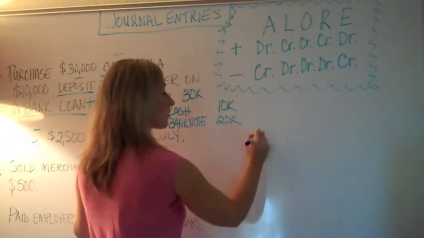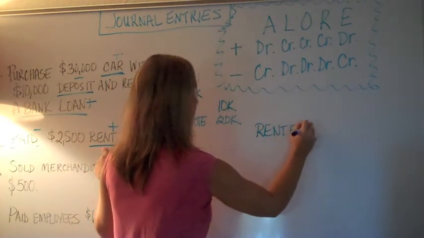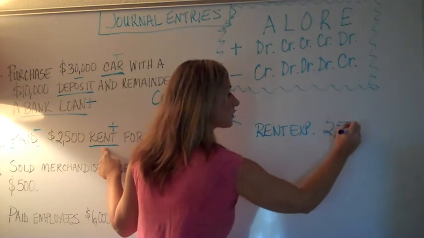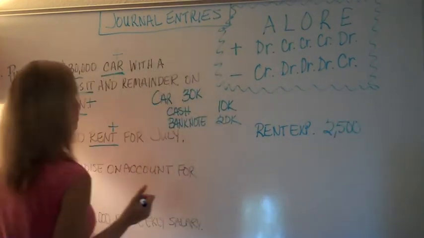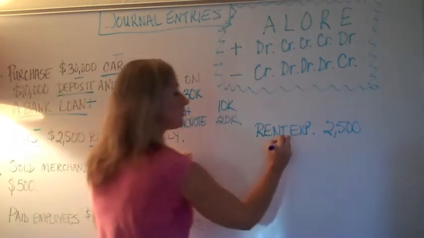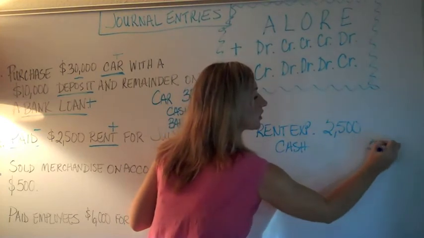So I'm going to debit rent expense for $2,500. And then cash is an asset. Assets decrease on the credit side for $2,500.